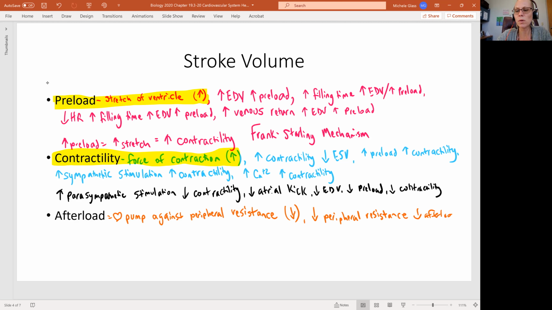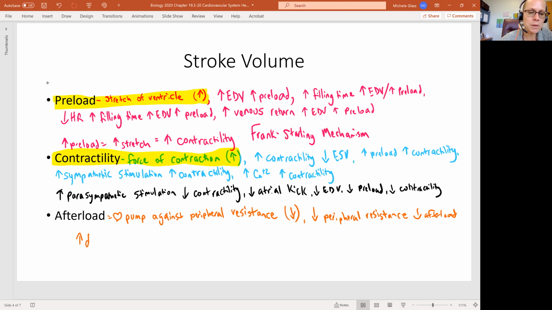At this moment, we can think in terms of blockages, because we already have this idea that you don't want blockages in your circulatory system. If you have a lot of blockages, you have a lot of peripheral resistance. It's hard to get the blood to move. That's a high afterload, right? And the opposite of that is the path is clear. There's no obstacles. That's a low peripheral resistance. It's a little more complicated than that, but that's a good place for us to think right now.